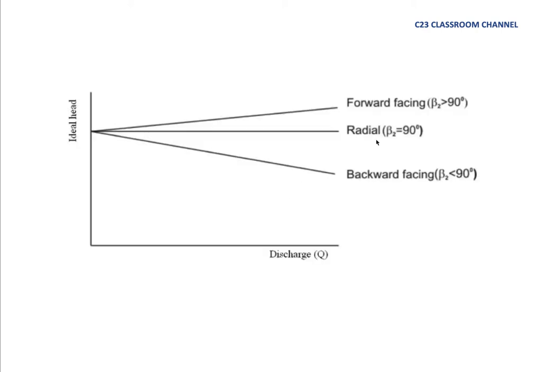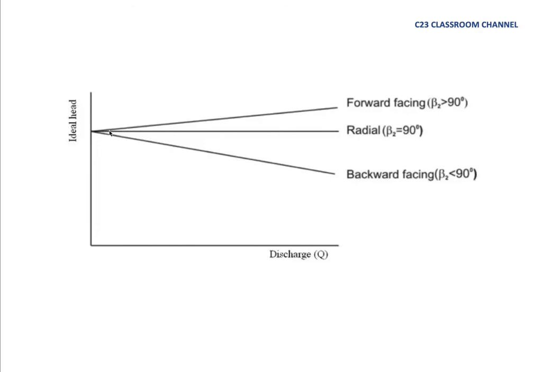So why is the blade type important? Because blade angle will give you this kind of curve. For example, if we have a curve of ideal head and discharge, we found that if we use backward facing, if we increase the discharge here, the ideal head, meaning the capability of that pump to transfer water from low to high level, will decrease.